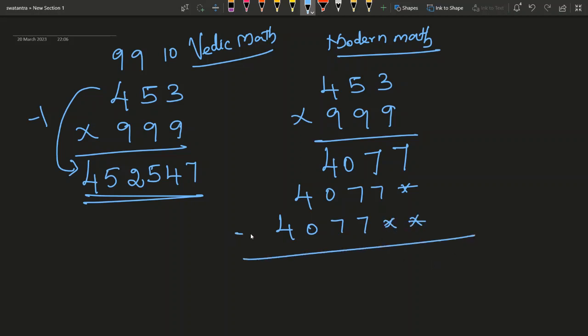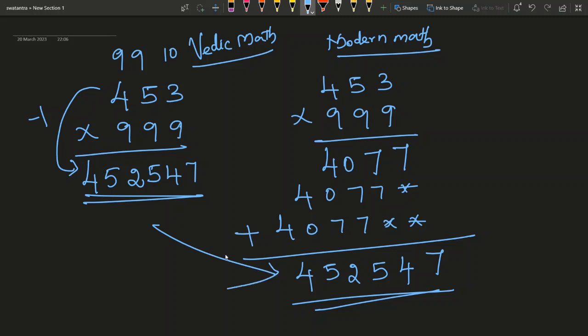Add them. 7, 7 plus 7 is 14, 14 plus 1 is 15, 8 plus 4 is 12, 1, 5 and 4. It is the same answer. So here 3 steps and 1 step. So here I had taken only 1 step.